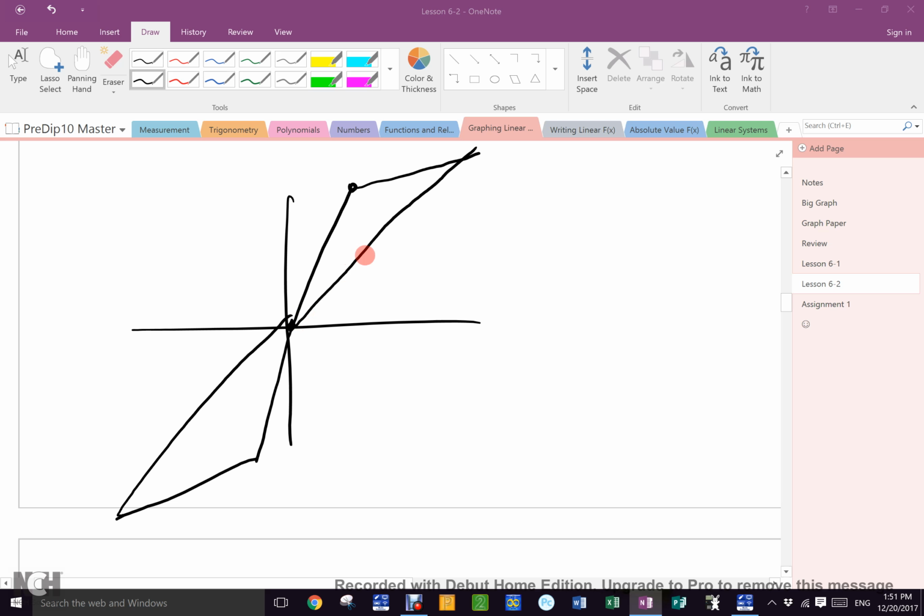This line went up and right. This line went down and left. But if I was down here, it would have been up and right. This line went down and left, but up and right. Oh my goodness.